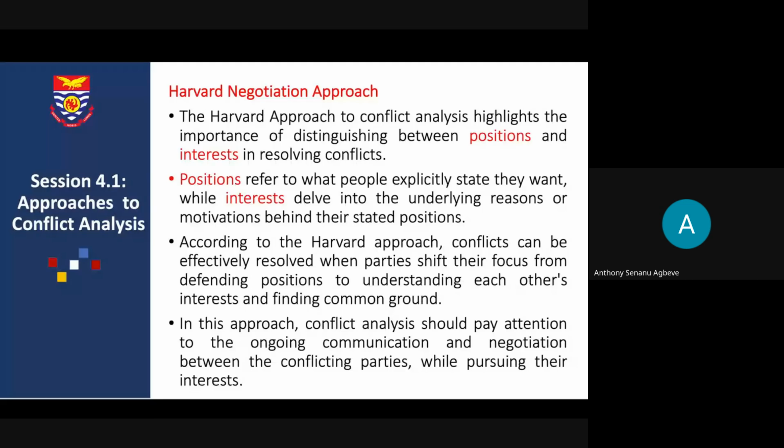delves into the underlying reasons. For example, a particular individual is the actual ruler or overlord of Boku, right?